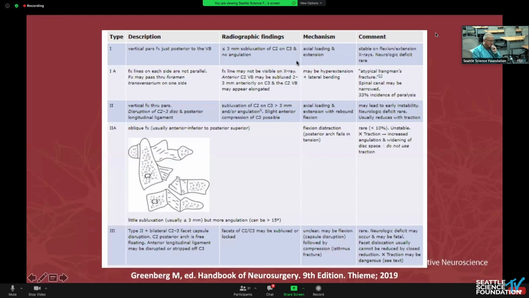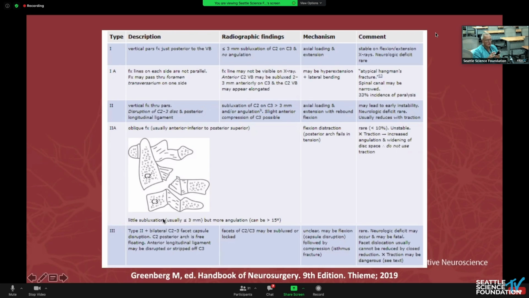And so if you look at the mechanisms, the type 1 is generally from extension with some axial loading. The type 2 is also axial loading with extension with some rebound flexion. And the type 2A is, as Dr. Chapman mentioned before, a flexion distraction injury, highly unstable. Traction is essentially relatively contraindicated.